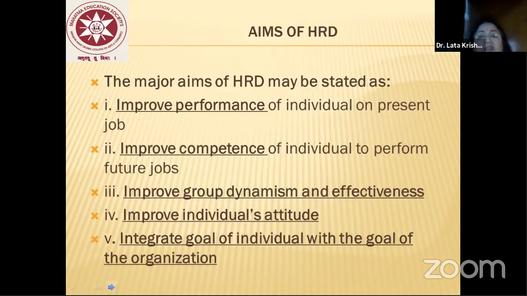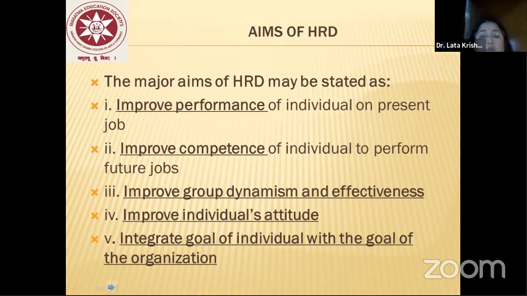Okay, so what are the aims of HRD? To improve performance, definitely the performance of employees, and improve competencies. What is competency? A particular level of expertise is called competency.